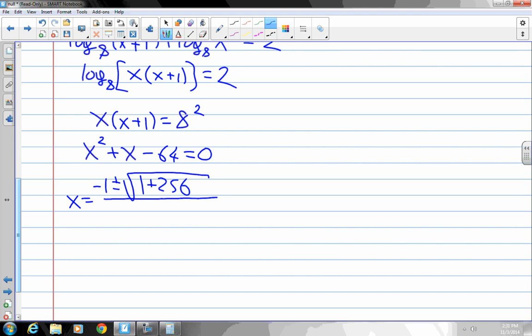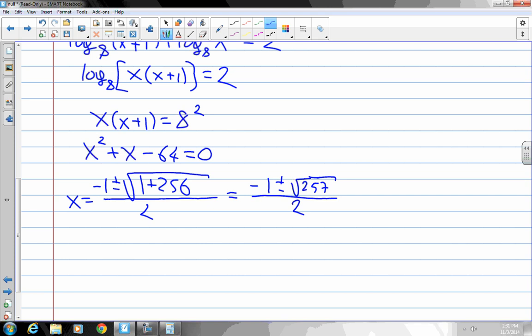I think that's close enough, right? So that is -1 plus or minus the square root of 257 over 2, right?